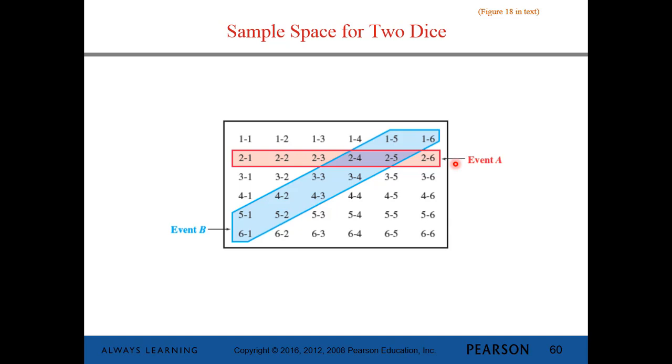Now in this case here, what are they saying? Well, what is the probability of event A? A is getting a 2 on the first die, or B, getting a 6 or 7.